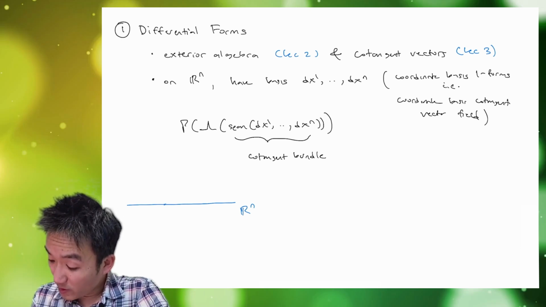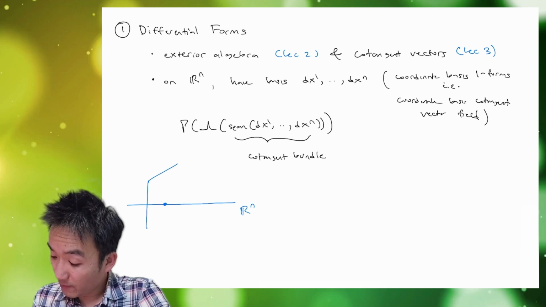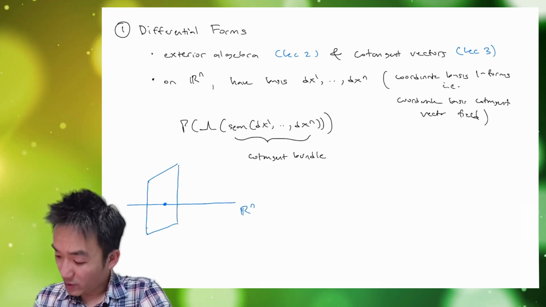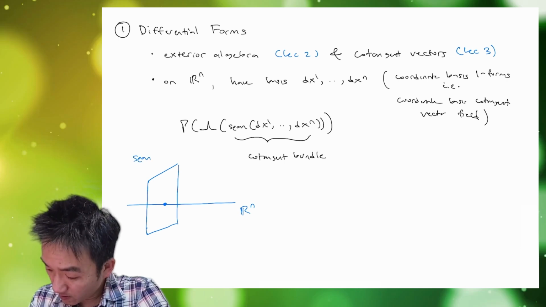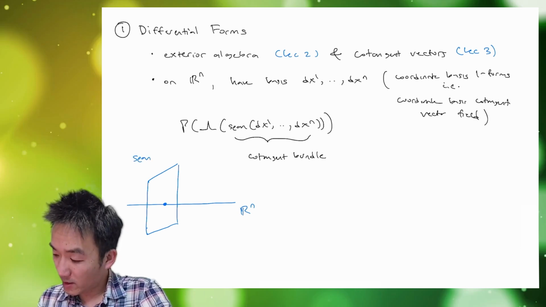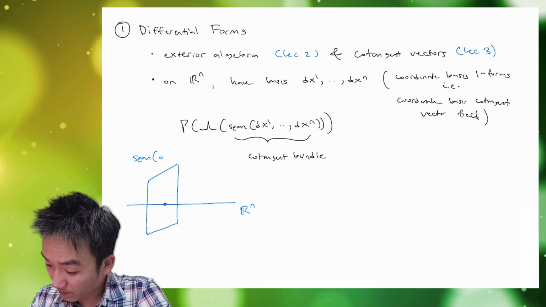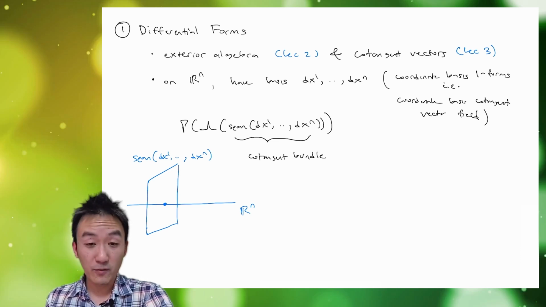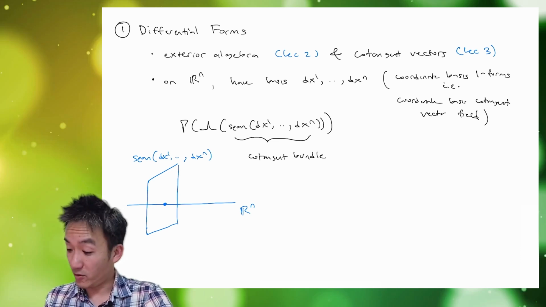And at each point, I'm going to have a vector space, which is the span of the coordinate cotangent vectors at that point. Okay, so it's an n-dimensional vector space since R^n is n-dimensional.